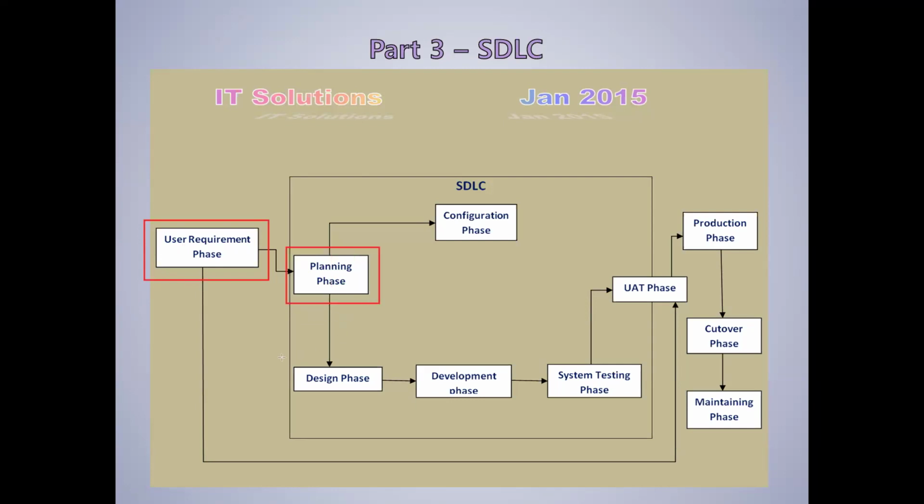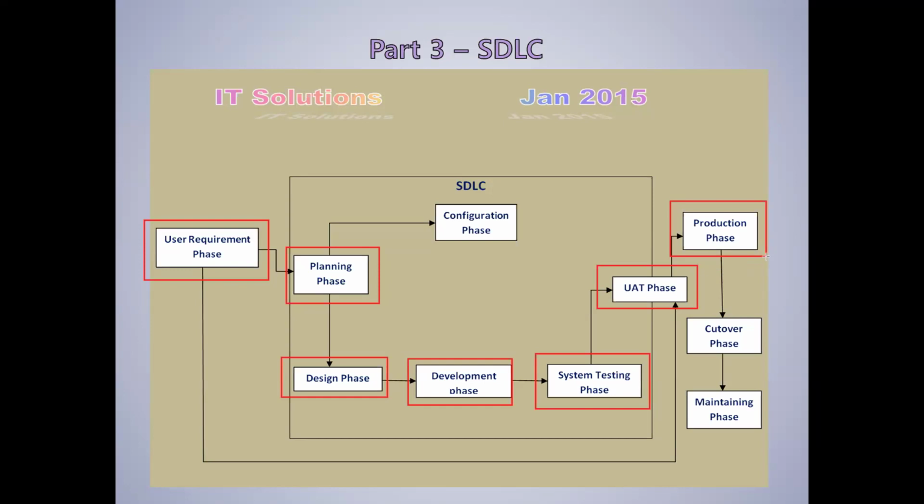Then we have design phase, development phase, system testing phase, UAT phase, and production phase. These 7 are crucial. Everybody must understand. So we're going to talk about these 7 first.